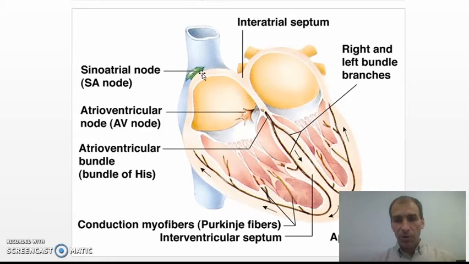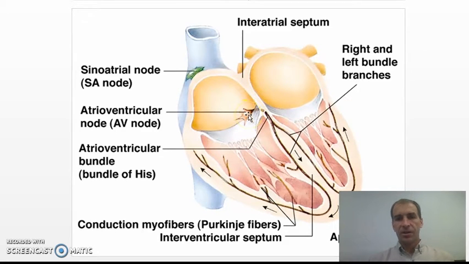And then when they depolarize, cells around them depolarize. And when they depolarize, cells around, you kind of get the idea. And so what begins to occur is we start to see this wave, literally this wave of depolarization through the atria. Okay, so that's just the atria. Notice I said the atria, not the ventricles.